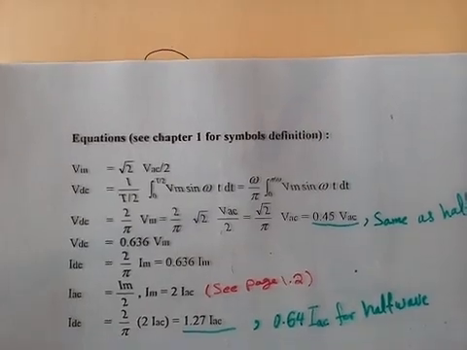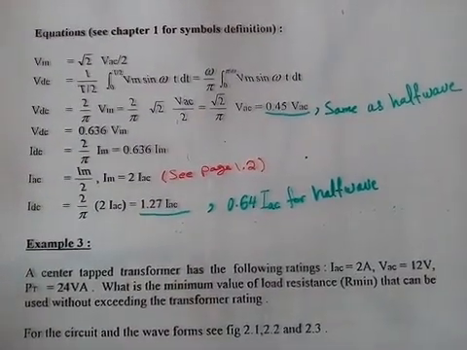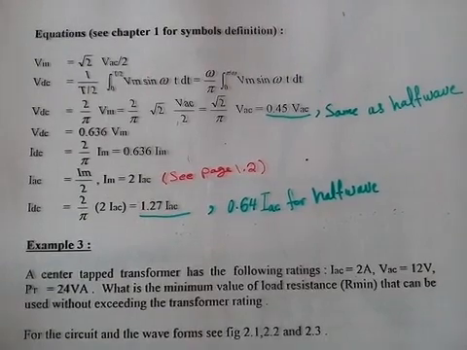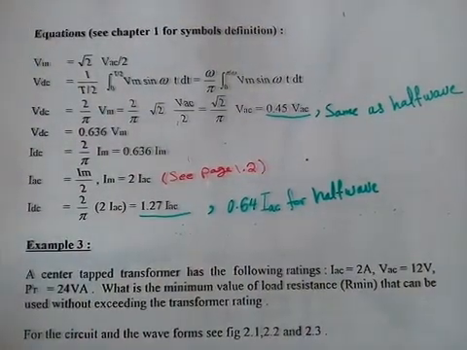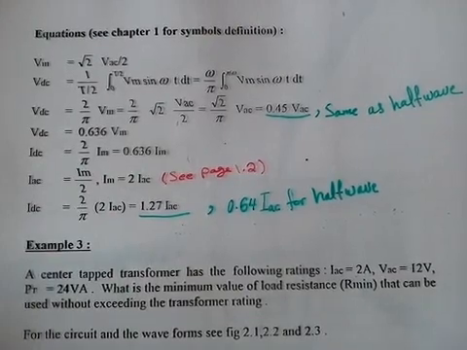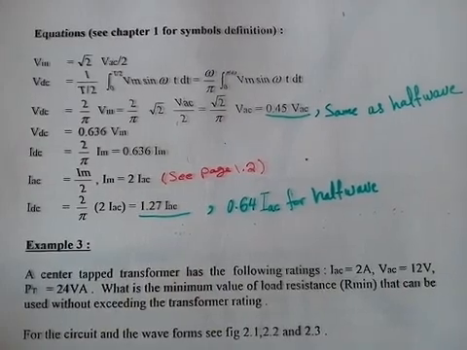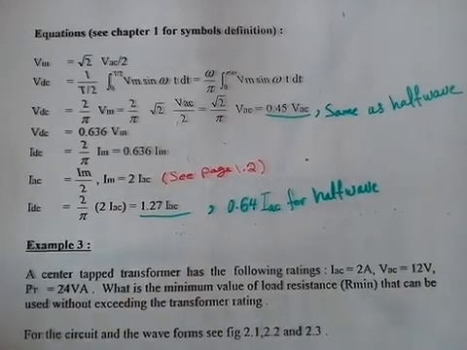Now let's start with the equations. And like I said before, the storage element is not included. Therefore, what you get in the output are those half sine waves that are not smooth. Now we're going to analyze these equations and see how much we're going to get out of our transformer when we use such a configuration.